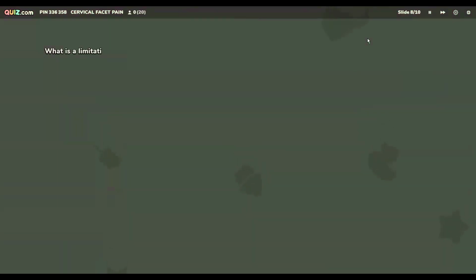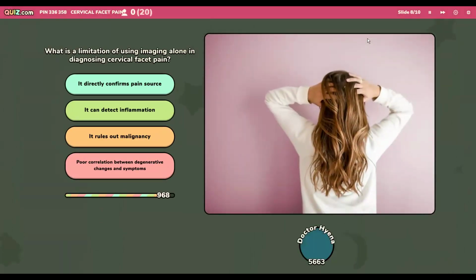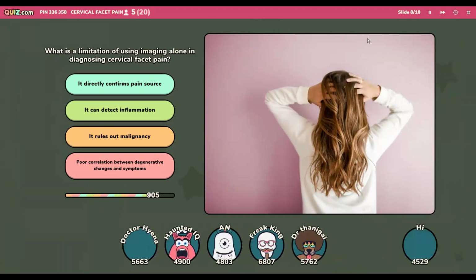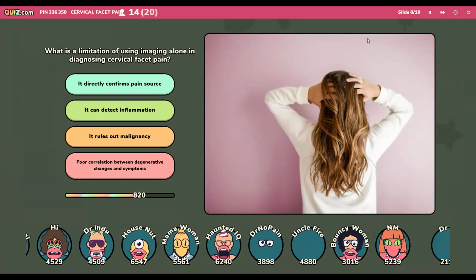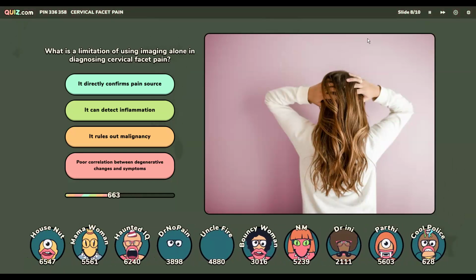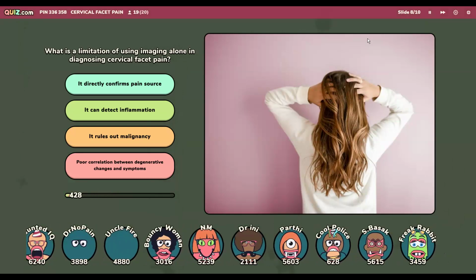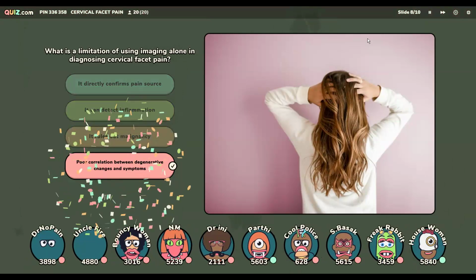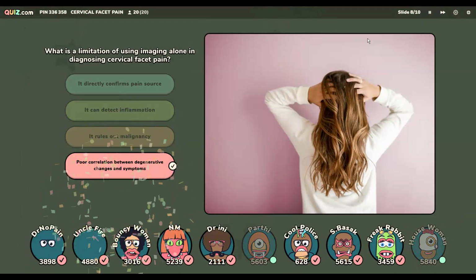What is a limitation of using imaging alone in diagnosing cervical facet pain? Poor correlation between degenerative changes and symptoms.